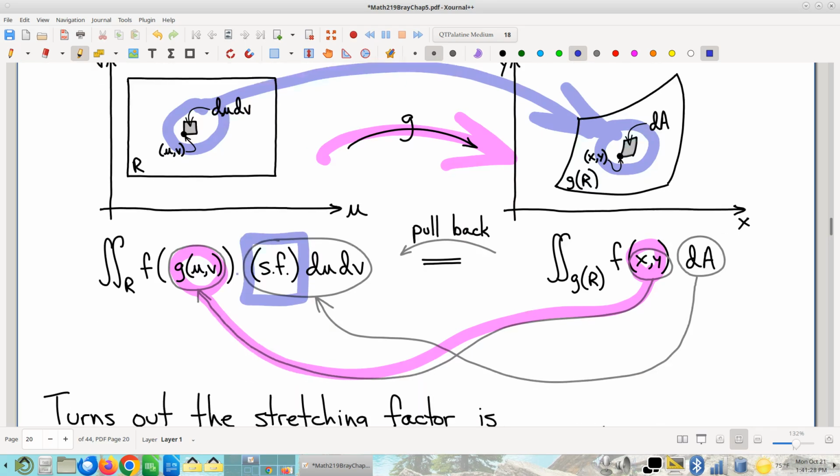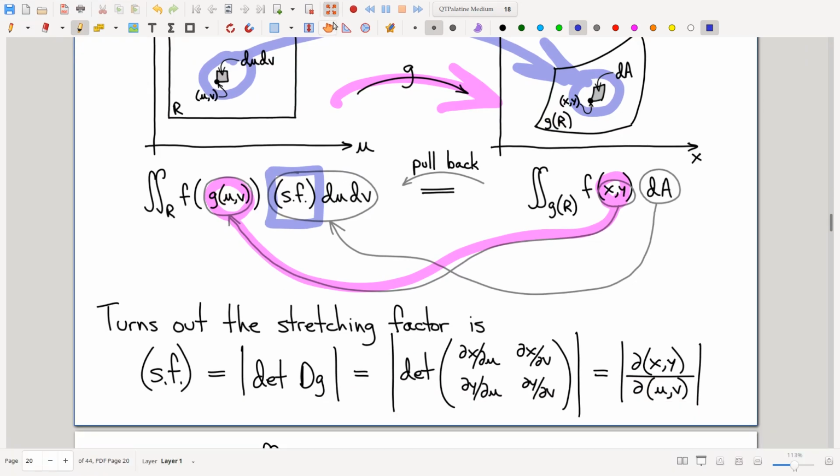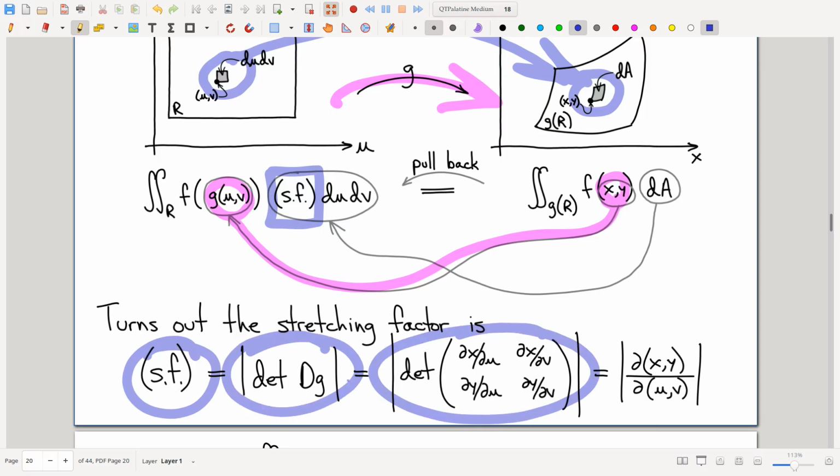And just a quick reminder, we talked about that stretching factor last time, and it is computed by that formula, which you can write differently as that, and which we find very conveniently shorthanded like that. So that's what that stretching factor is.